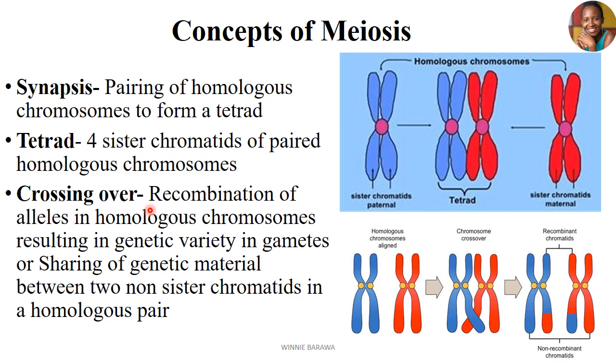What happens with crossing over is that part of this allele or segment can be broken up and patched into another part of a chromosome, such that there's exchange of genetic materials or genetic information. So crossing over can be defined as sharing of genetic materials between two non-sister chromatids in a homologous pair.